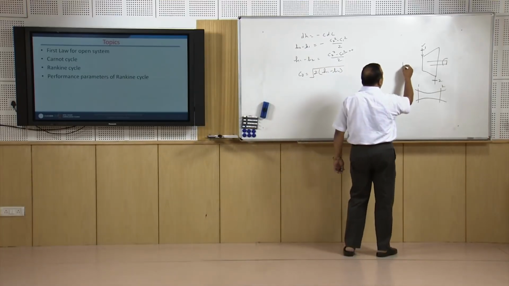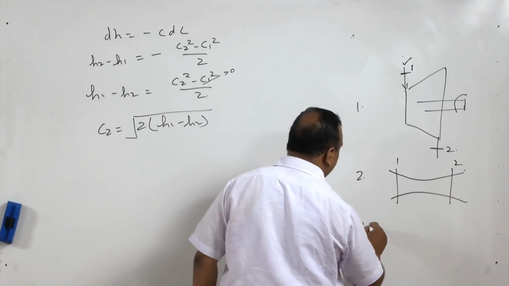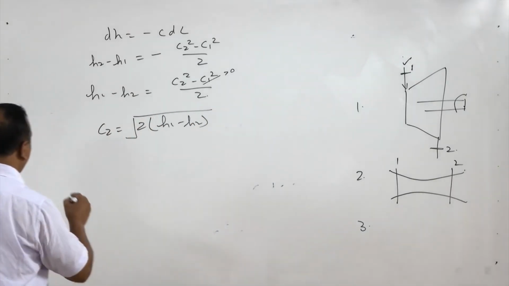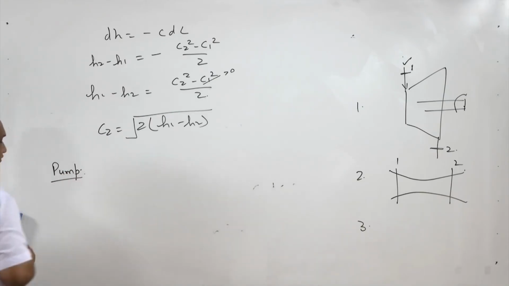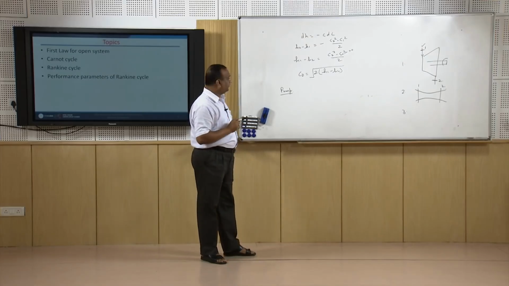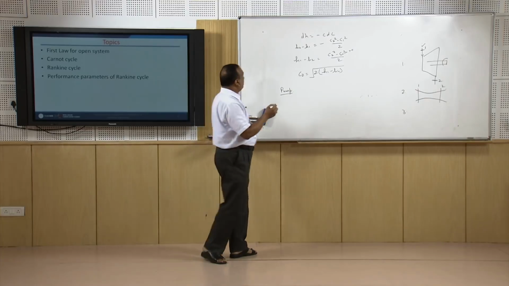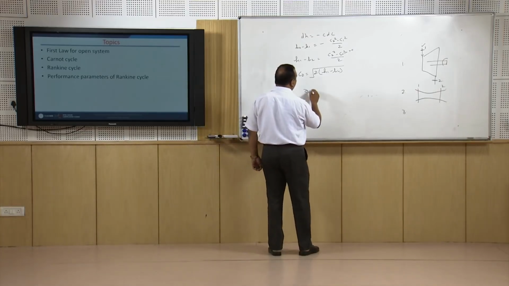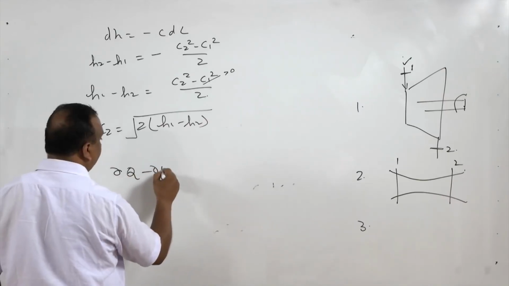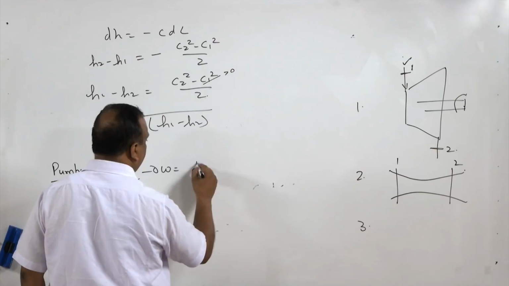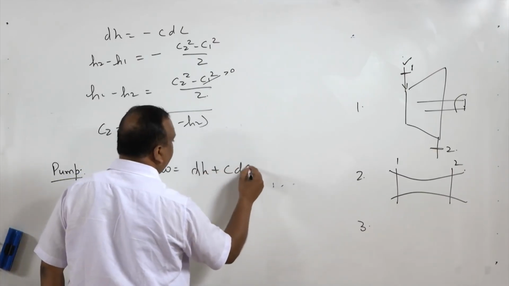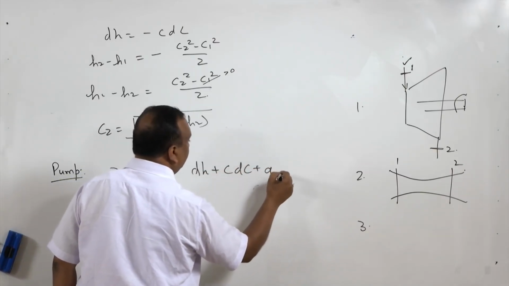Now, the third application is in the case of a pump. A pump is also used in a steam power plant just to pump the feed water, and here also we can make use of the first law for open system: dH plus CdC plus GdZ.